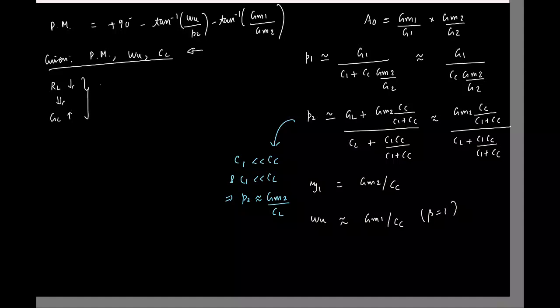So what will this affect? If GL increases, or RL decreases, this is basically GL. If the load resistance decreases, from the expressions we have, what do you think will get affected first? DC gain, right? So DC gain reduces. Let me write it here. Anything else?